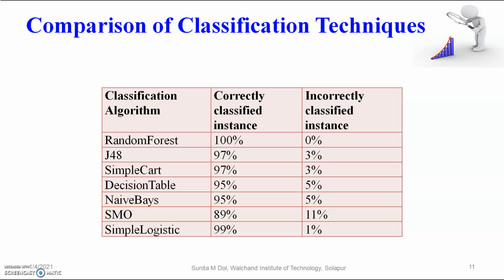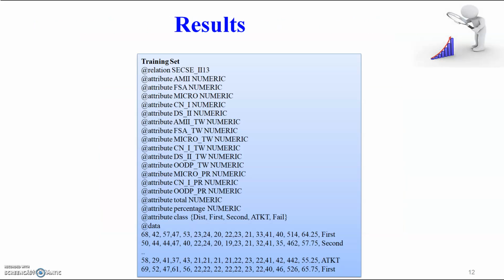From this table, the correctly classified instances for the random forest classification algorithm is 100%. Hence, the classification of data using this algorithm is explained in this case. Here on the slide, the ARFF file for the training dataset is shown. An ARFF file is an ASCII text file that describes a list of instances sharing a set of attributes.